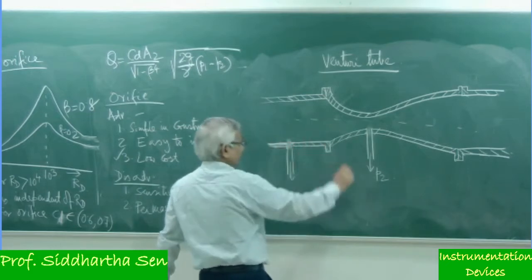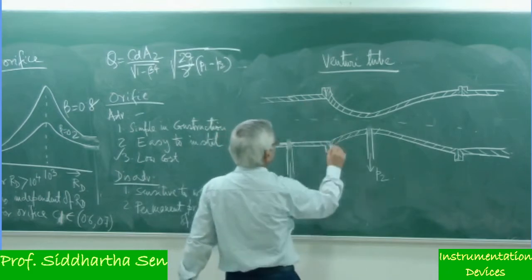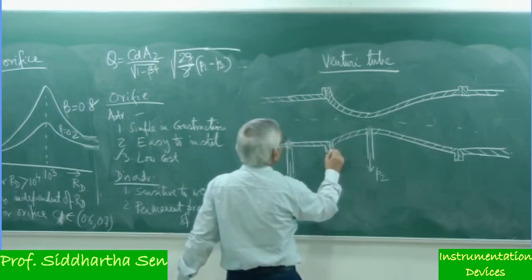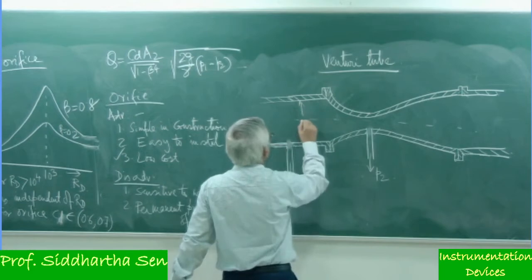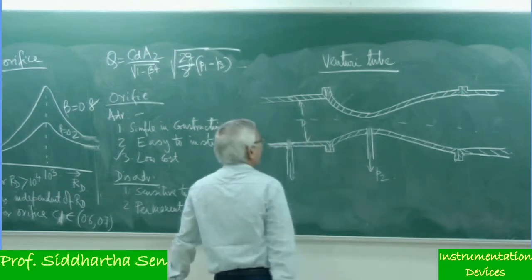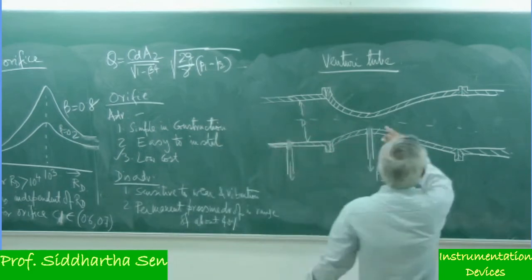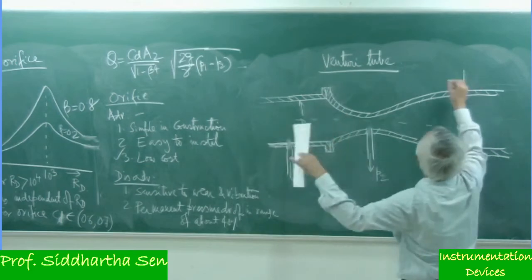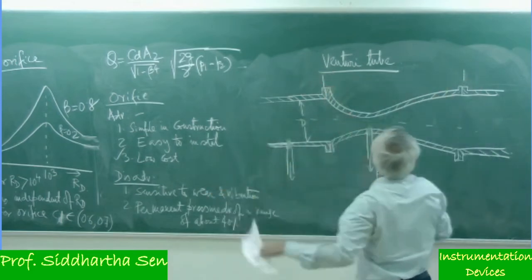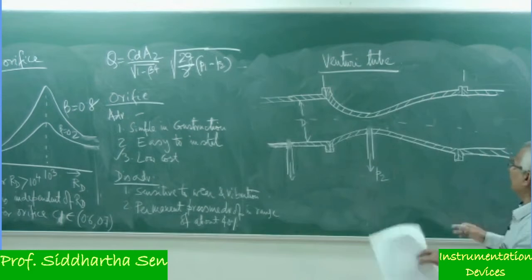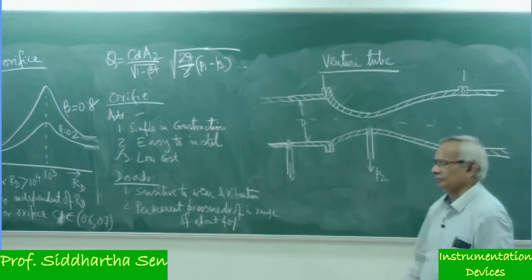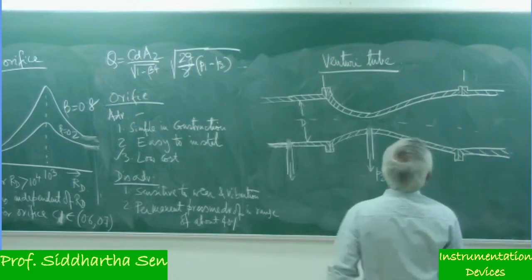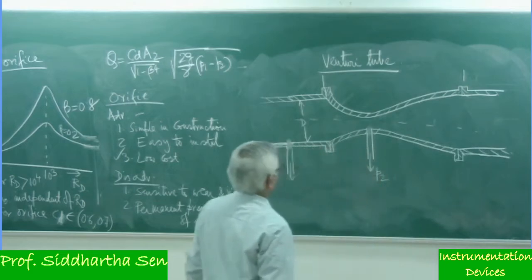So what we can say is that this is your capital D. After that, once you connect, this whole thing is your Venturi tube. You need to cut a section of the pipeline and insert the Venturi tube in it like this.